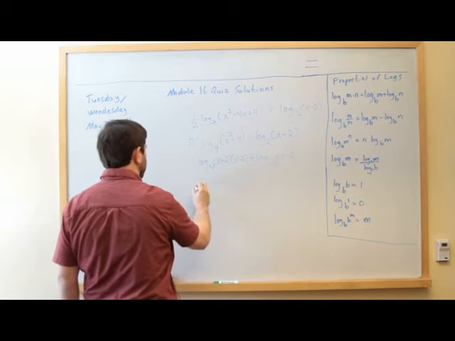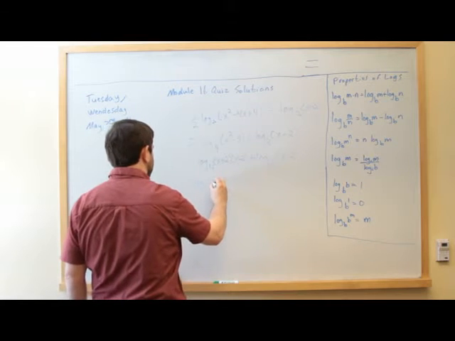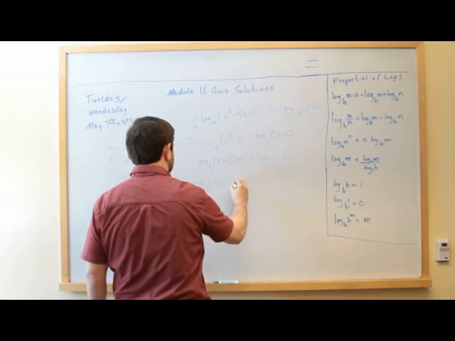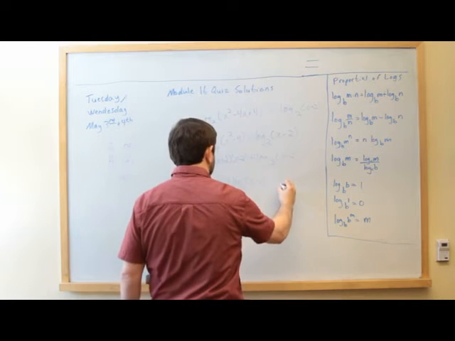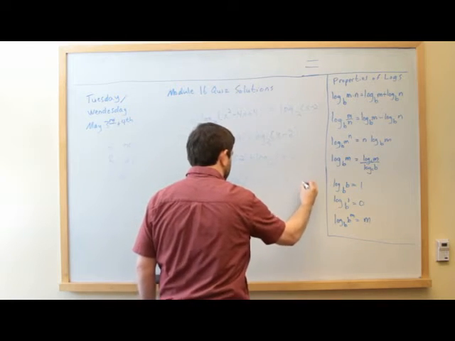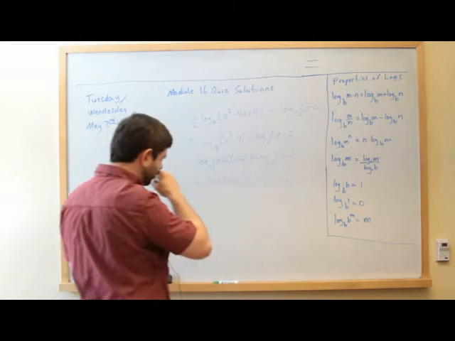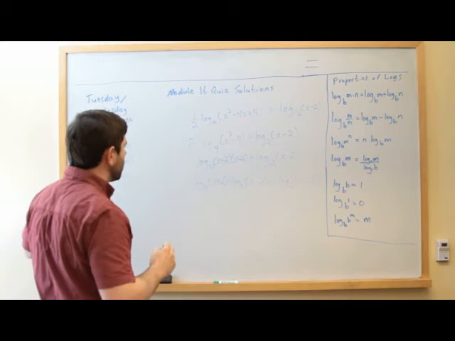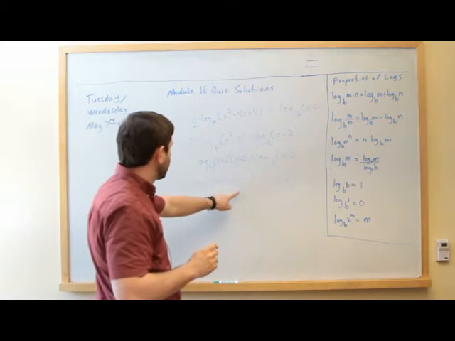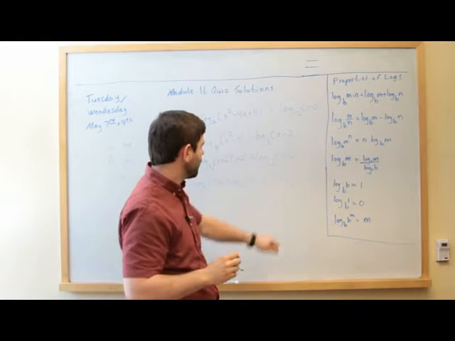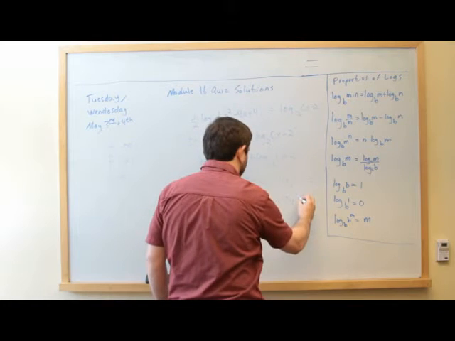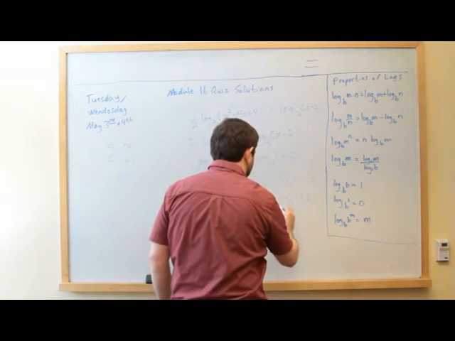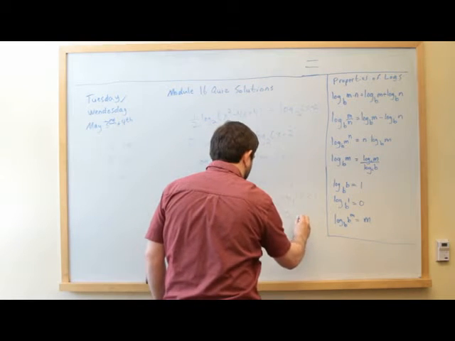Product rule. We have bases of 4 over here, so maybe we can change this to a base of 4. So this will be log base 4 of x minus 2 divided by log base 4 of 2.